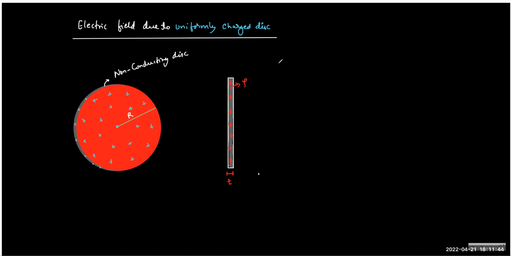So the total charge is how much? Density into volume, and volume can be written as pi r square into T, right? Yes. But if you want to write in terms of sigma, which is the equivalent representation, then we have to write sigma into the visible area of the disk, which is simply pi r square.